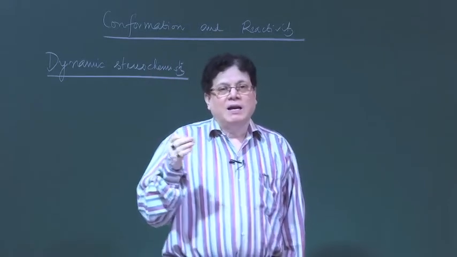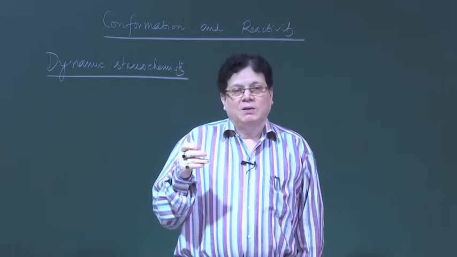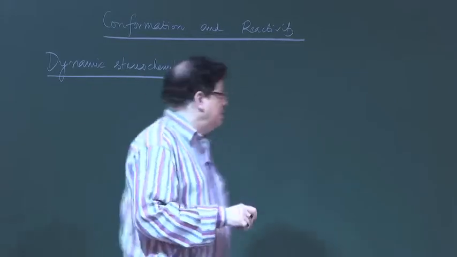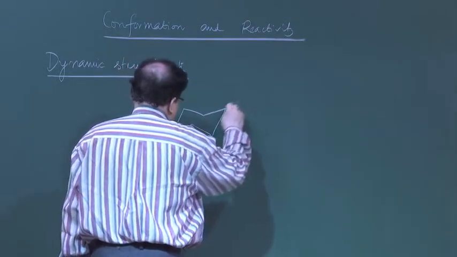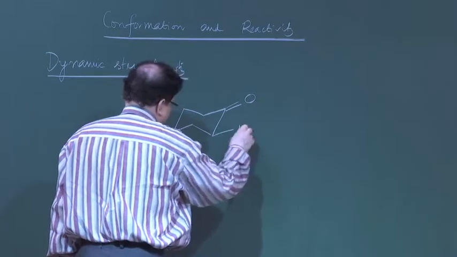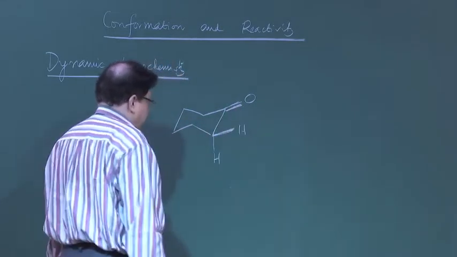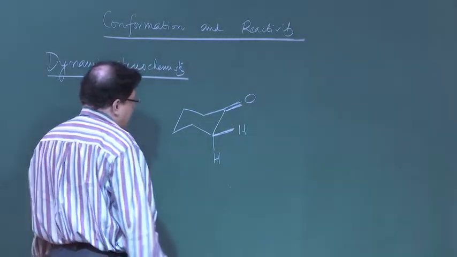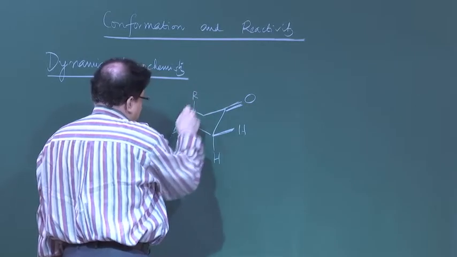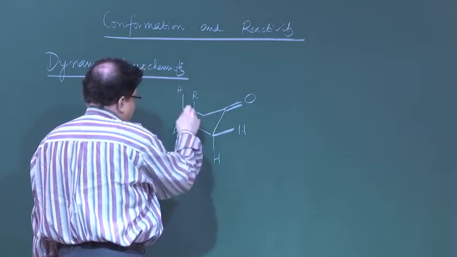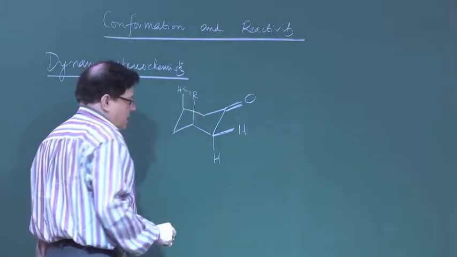The alkyl ketone effect arises because of the presence of the ketone in the cyclohexane system. The presence of the ketone immediately affects the hydrogens in the equatorial positions. This bond is now almost eclipsed to this carbonyl. In addition to that, if you have a group here, there is only one hydrogen at the axial position in 1,3 relationship, where the 1,3-diaxial interaction takes place.